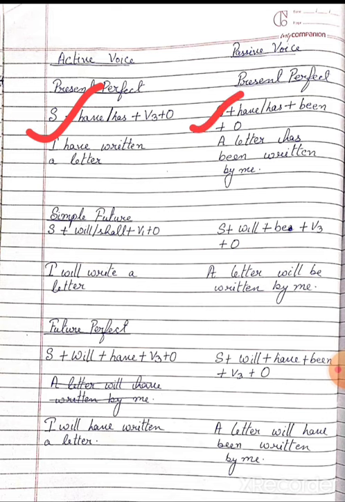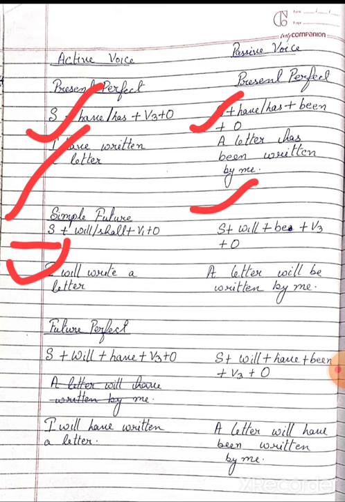Now we are moving on to simple future tense. The structure of simple future tense in active voice is subject plus will or shall plus V1 plus object. For example, I will write a letter. I is the subject, then will, then V1 write, then the object a letter. So what is the structure in the passive voice?